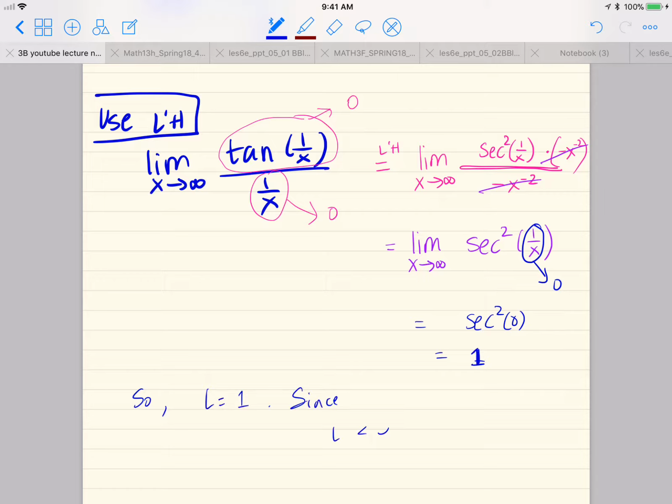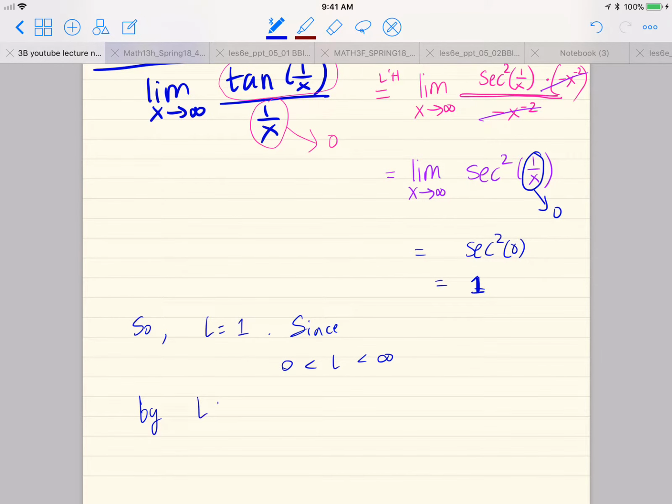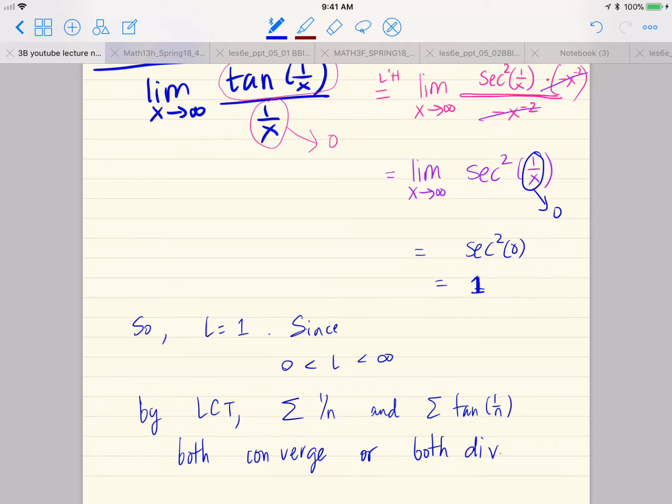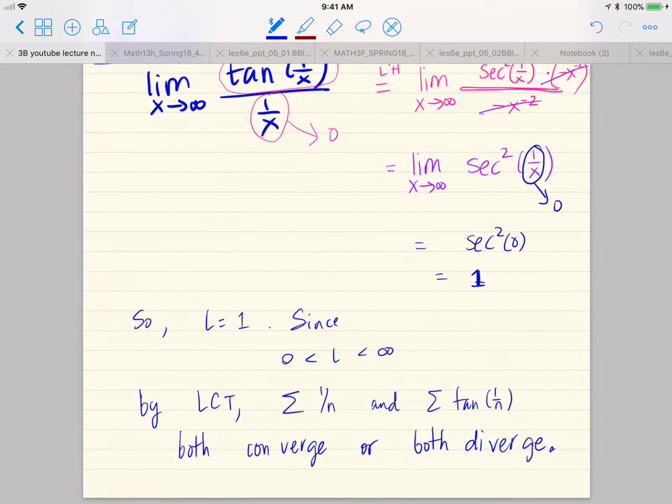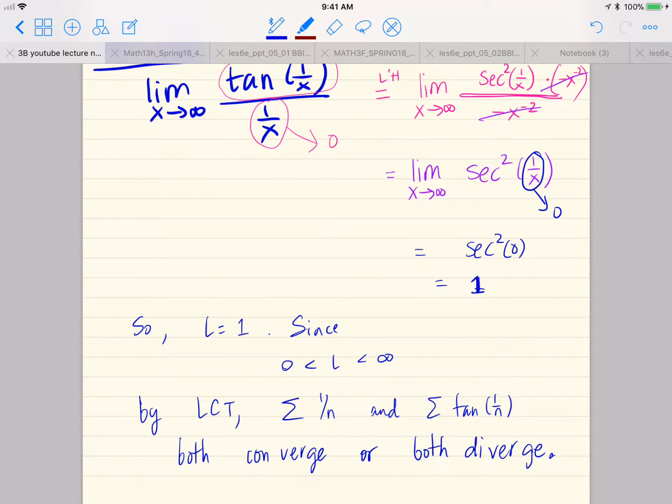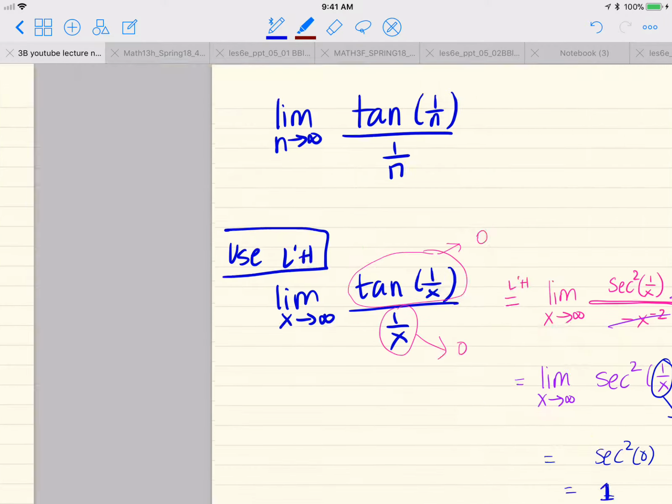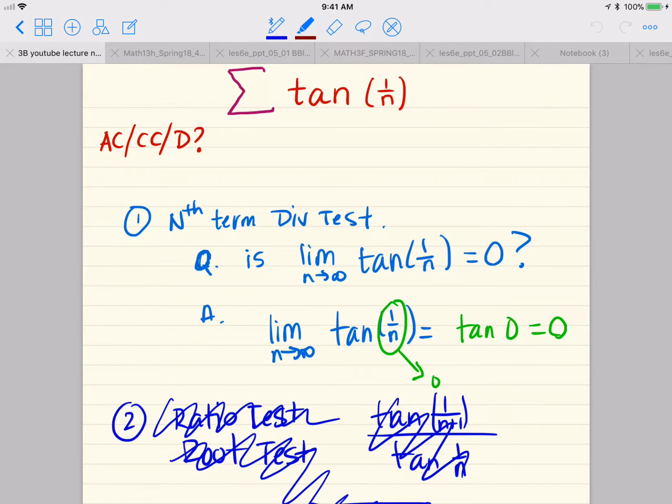And since L is a positive number, by the limit comparison test, both of my series converge or they both diverge. Since I know that the harmonic series diverges, that means that my original series must diverge. So I go back here, and my answer choice is diverge.